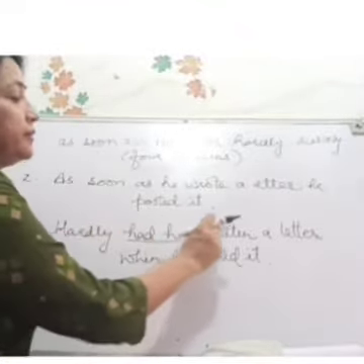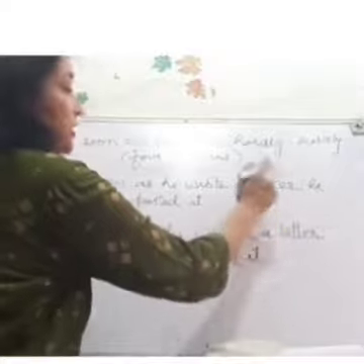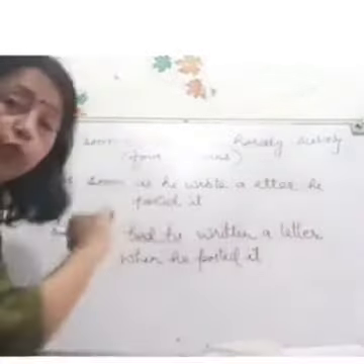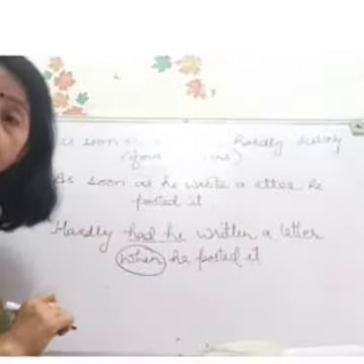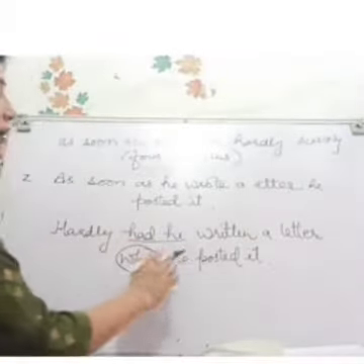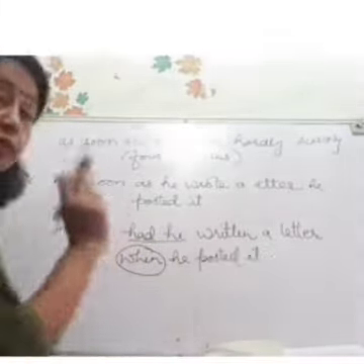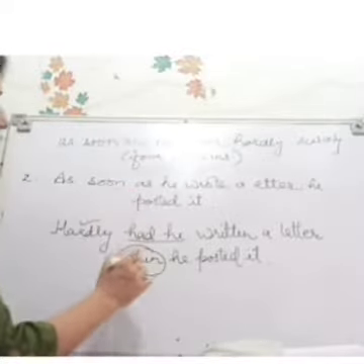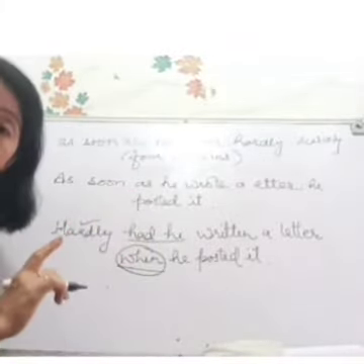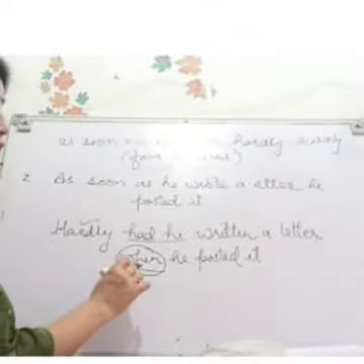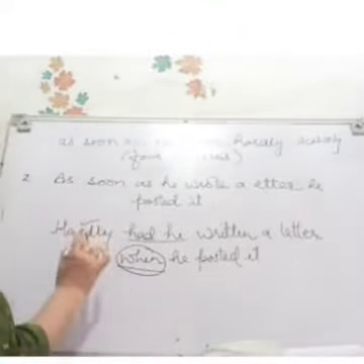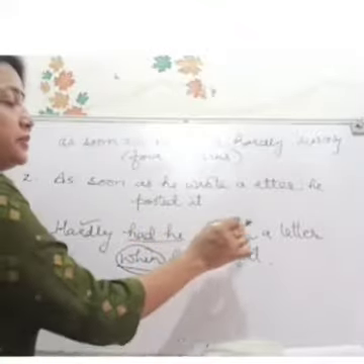"Hardly had he written a letter," then this comma is removed, and in place of the comma what have we used? "When he posted it." Remember, with hardly we use when, that too in place of the comma.